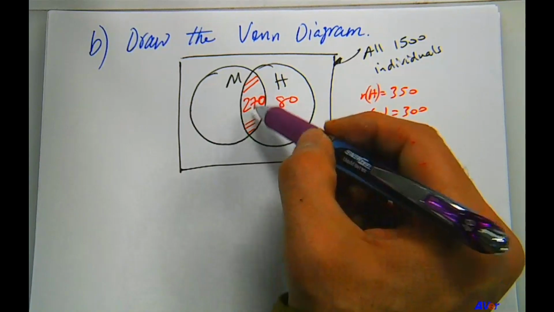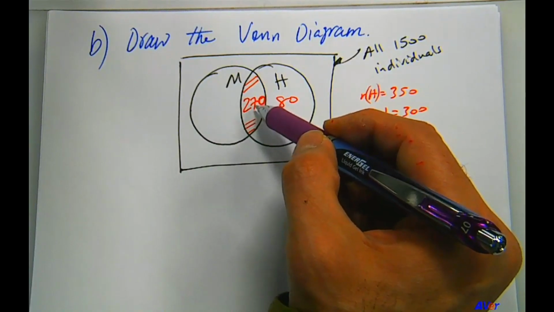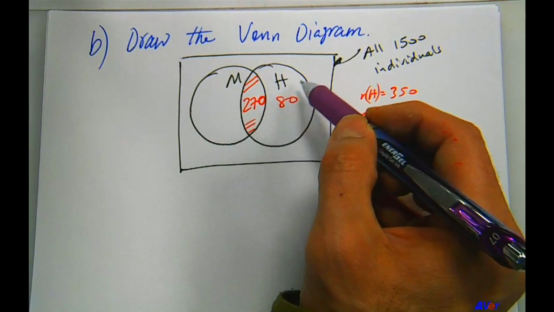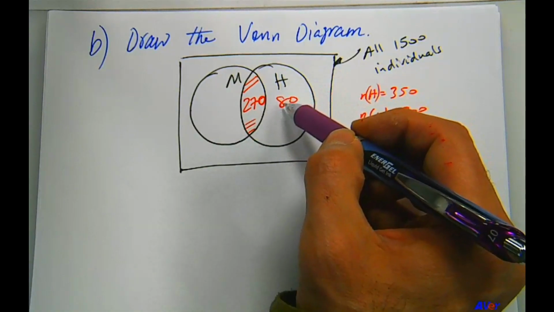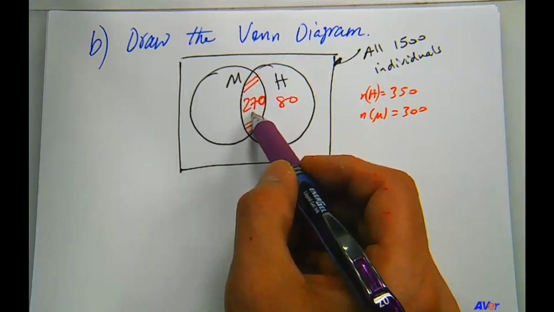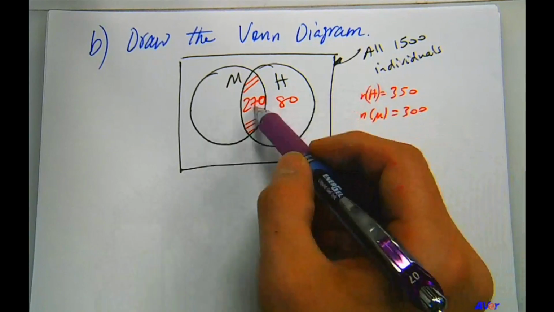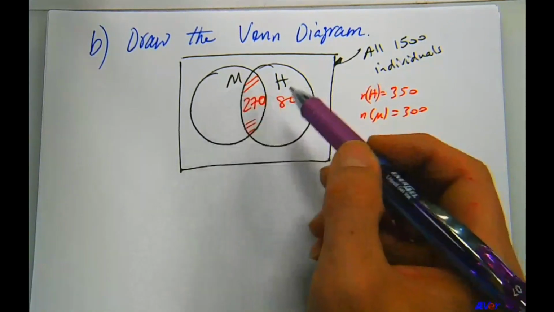That's why I say we always start from the innermost junction of a Venn diagram and work our way outward toward what numbers or probabilities should be placed in each of these regions. So 270 plus 80 is 350, and these are the people taking history and mathematics.